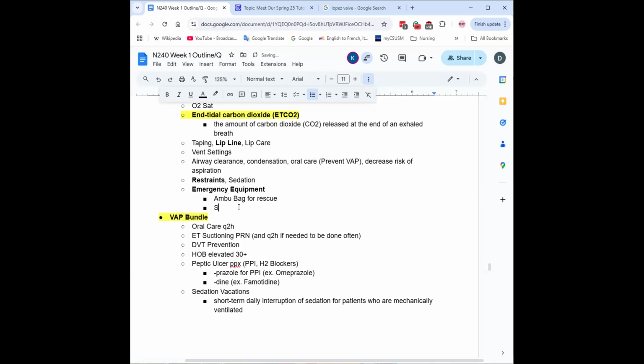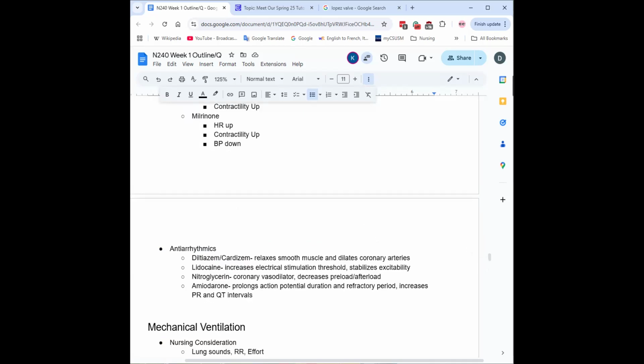Suction is also an important thing to have at the bedside. You're going to use that to, it's already kind of mentioned in your VAP bundle and whatnot, the obturator. Smooth obturator. Any questions on anything we've done so far?